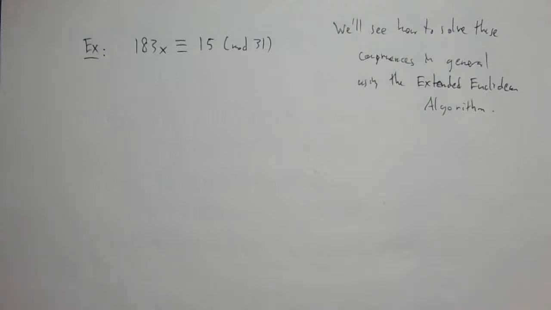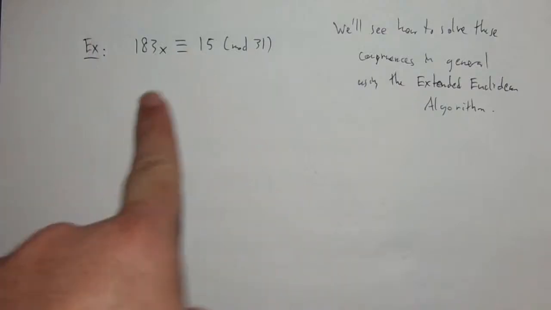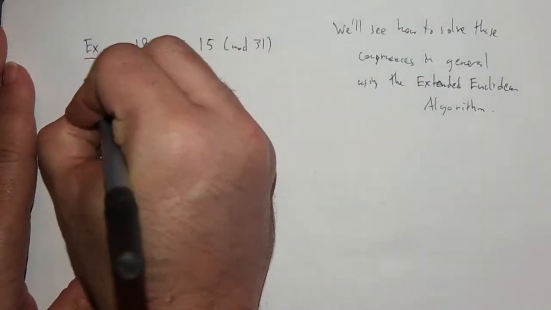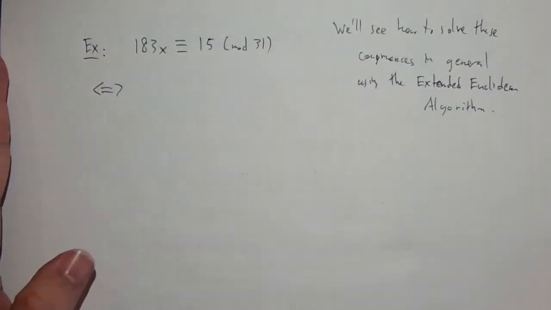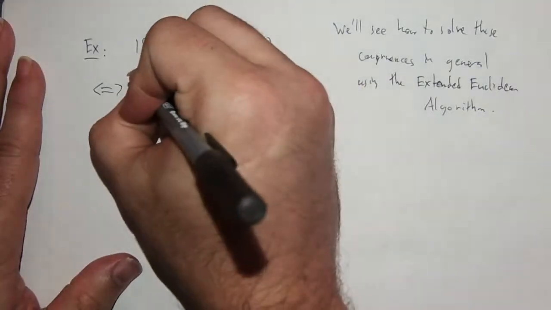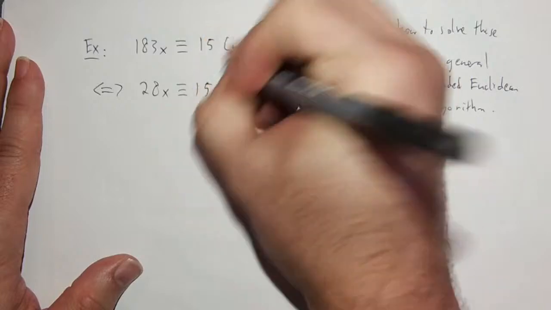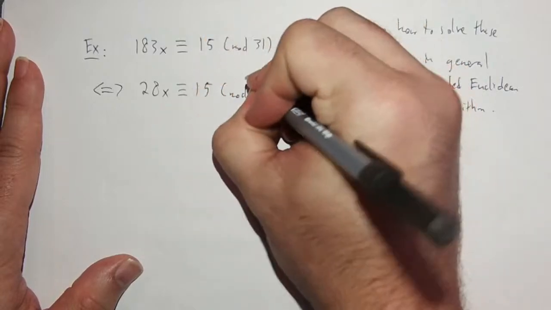You might have guessed that I just look at this and reduce mod 31, which makes sense, because 183 is too big. 15 is fine, but I can reduce 183 mod 31. 183 mod 31 is 28. So that's 28x is congruent to 15 mod 31.